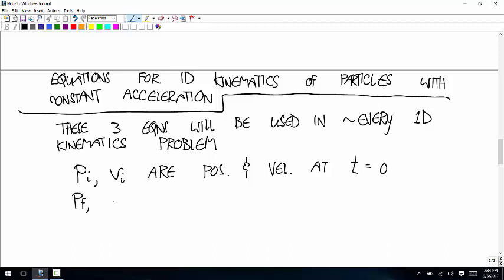And position final and velocity final are the position and velocity at time equals time final, T sub F.